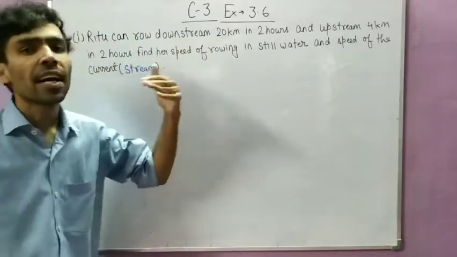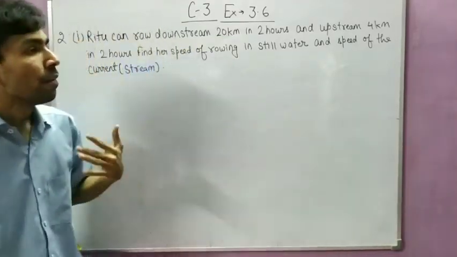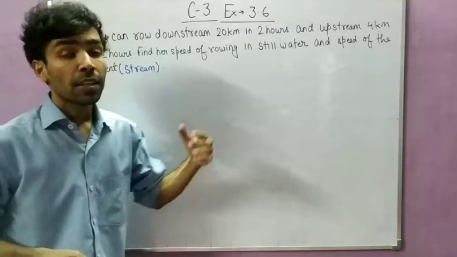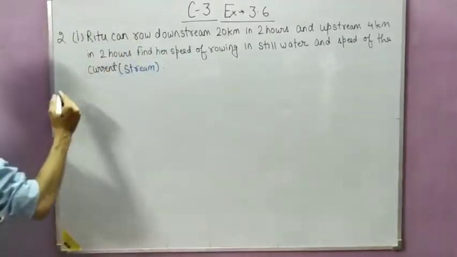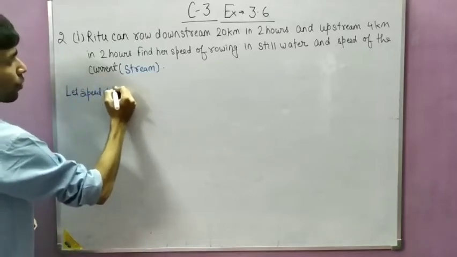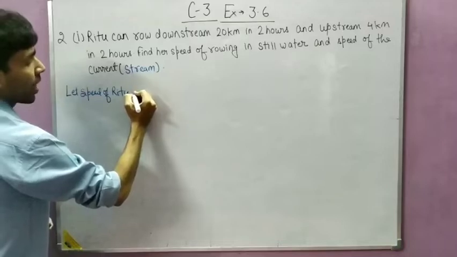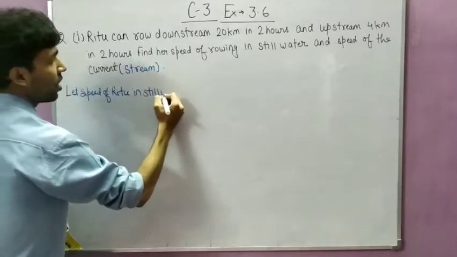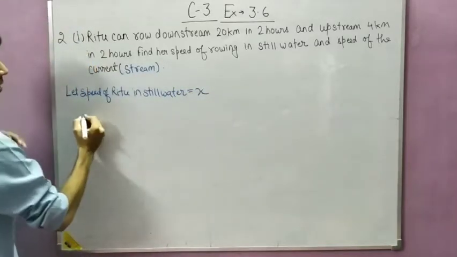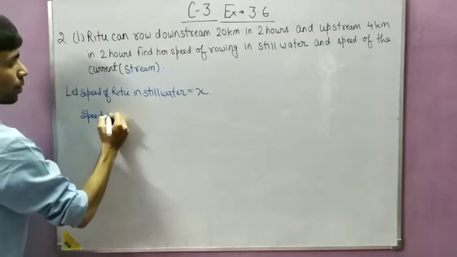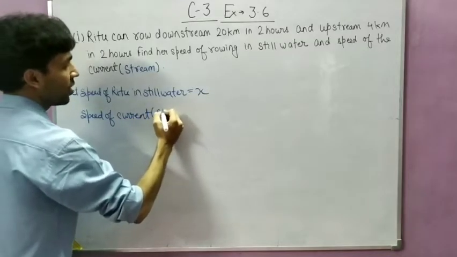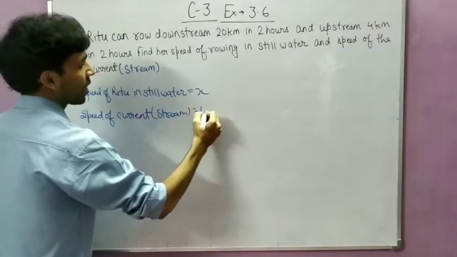Ritu will be considered as a boat. So here we will assume two speeds. First, the speed of Ritu, and second, the speed of the stream. Let speed of Ritu in still water be x, and speed of current, also known as stream, be y.